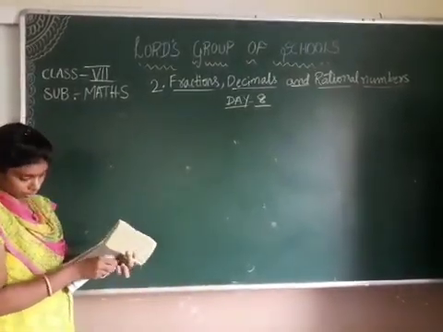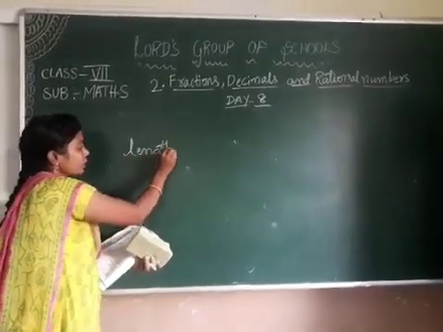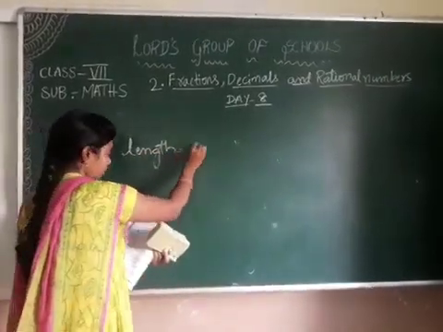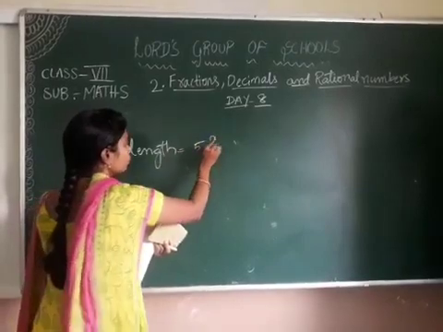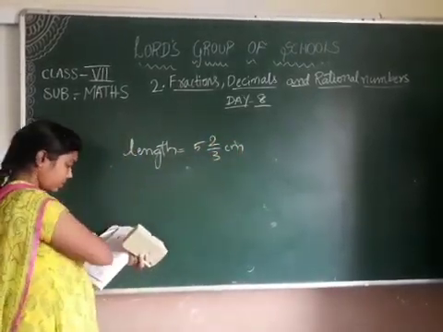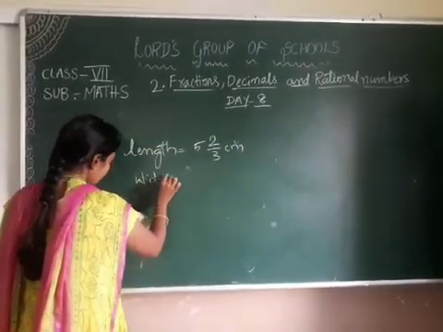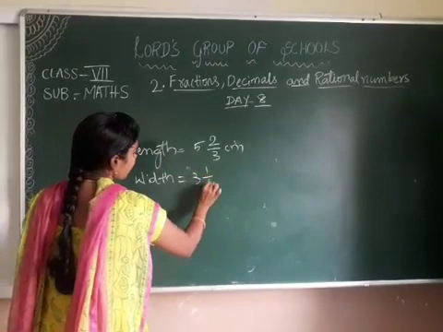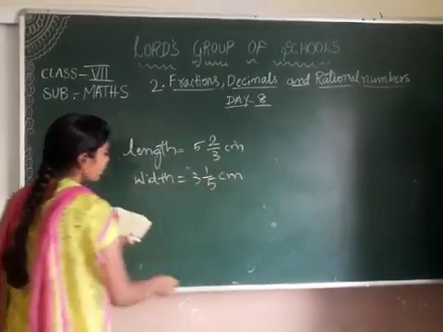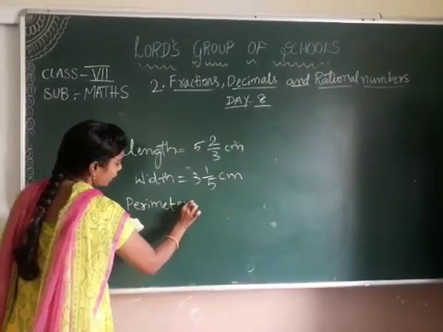Rectangular sheet, length is 5 2/3 centimeters, and wide, which means width, is 3 1/5 centimeters. Your question is, what is the perimeter of this rectangle?